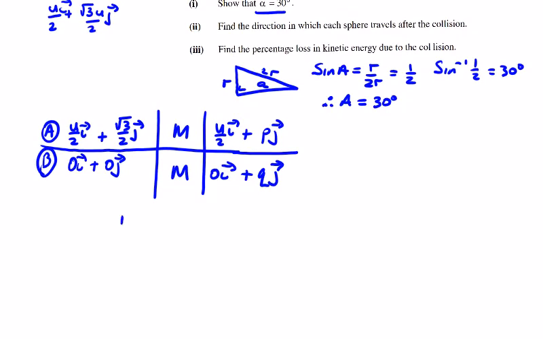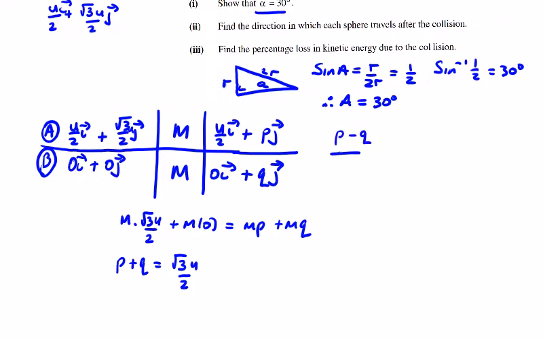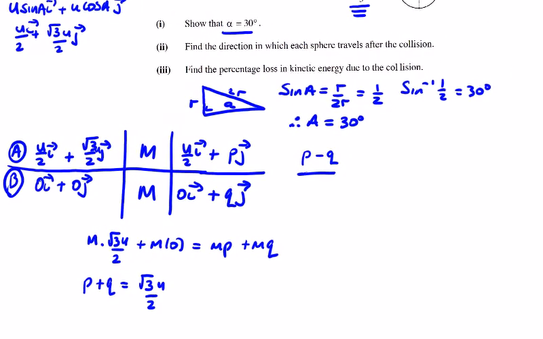We're going to have m times root 3 u over 2, plus m times 0, is equal to m times P plus m times Q. So P plus Q is equal to root 3 u over 2. We also have P minus Q over root 3 u over 2 minus 0.